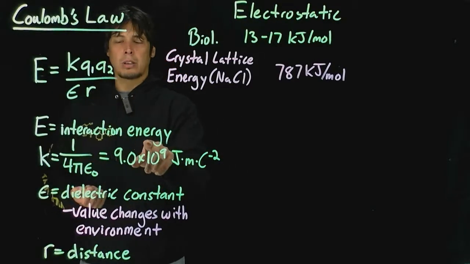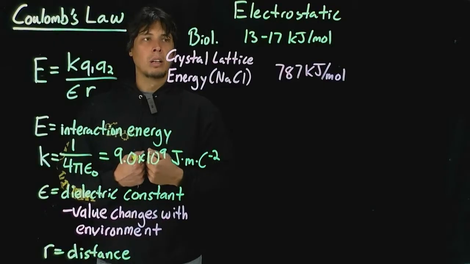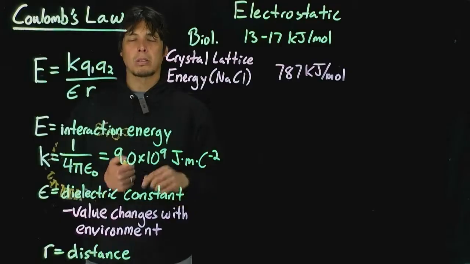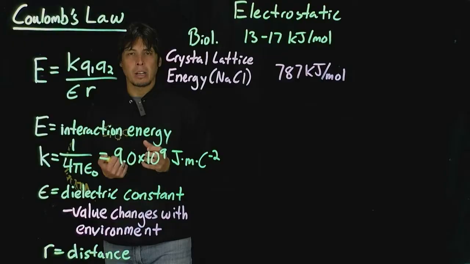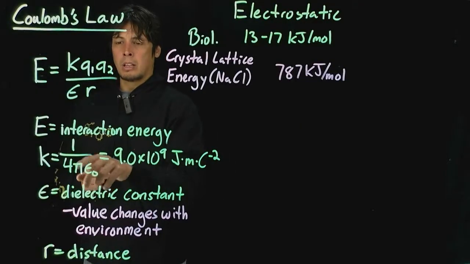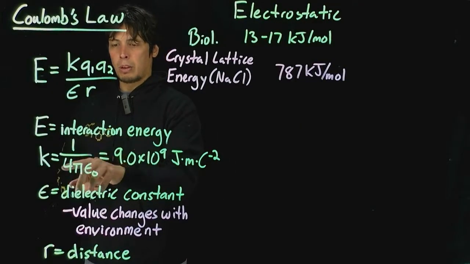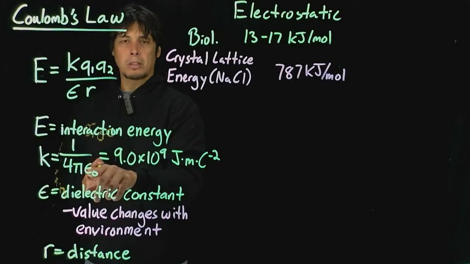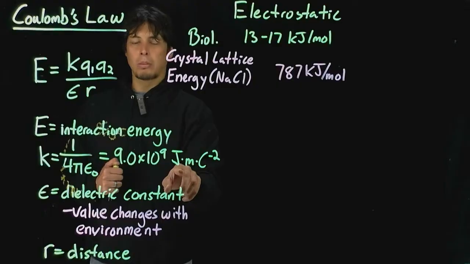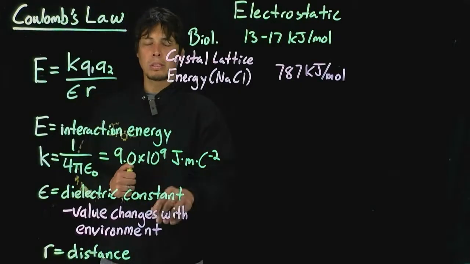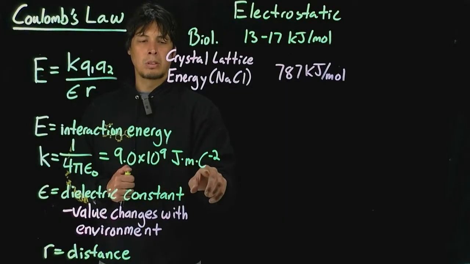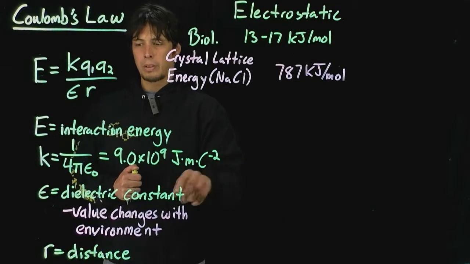So E is the interaction energy, so that's, again, for instance, what we're calculating in these two instances. So it's the energy required to break the electrostatic interaction, right? K is a constant, which is actually formulated by 1 over 4 pi epsilon naught, the permittivity constant. We roll all of these together to form one constant, and it's 9.0 times 10 to the ninth joules times meters per coulomb squared, okay?